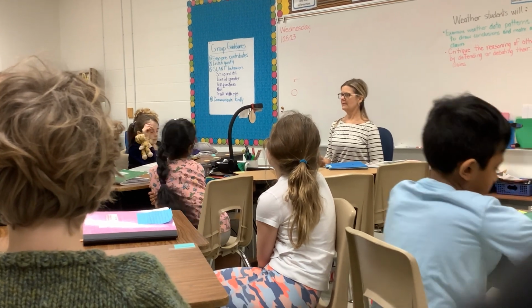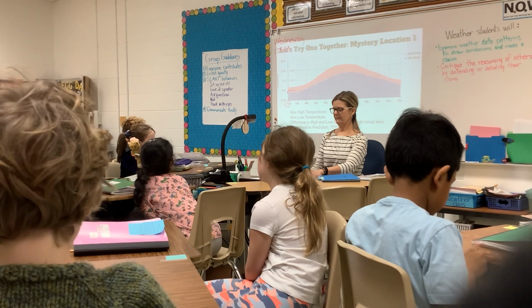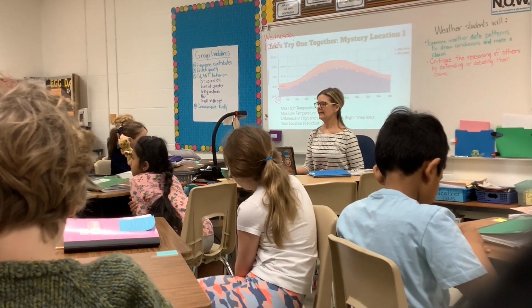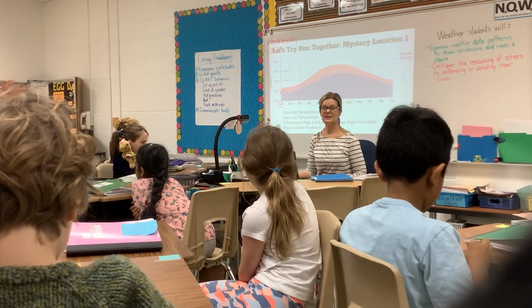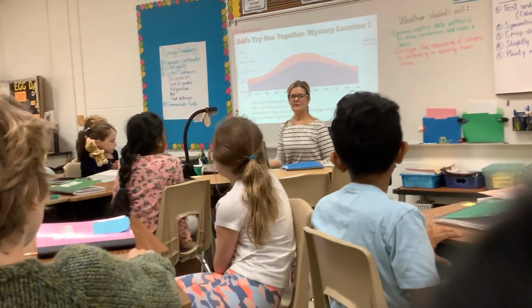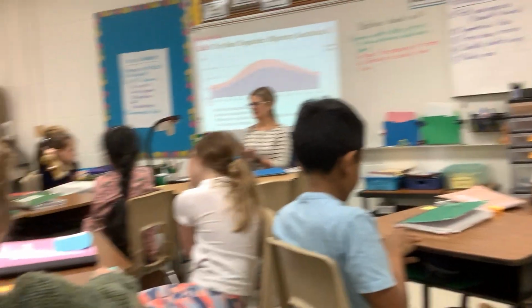All pencils down, the journals closed. Almost everybody's eyes are up. Okay, so this is how it's going to go. I want all journals closed just so we're not tempted to write.